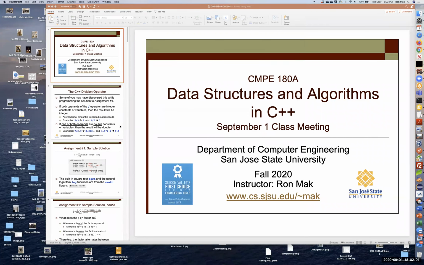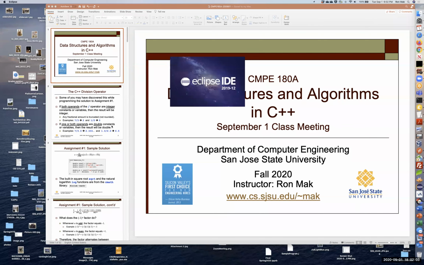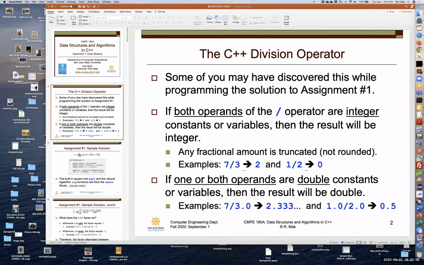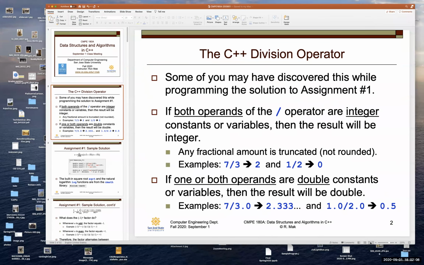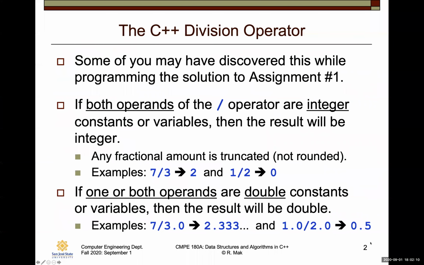I know several of you were caught by this problem. Okay, the division operator, which is a slash. Now, the way it works is that if both operands of the slash operator are integer constants or variables, then the result of the division will be integer, and any fractional amount is truncated, just dropped off.